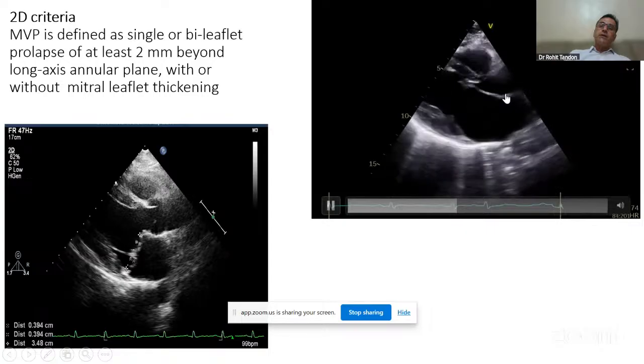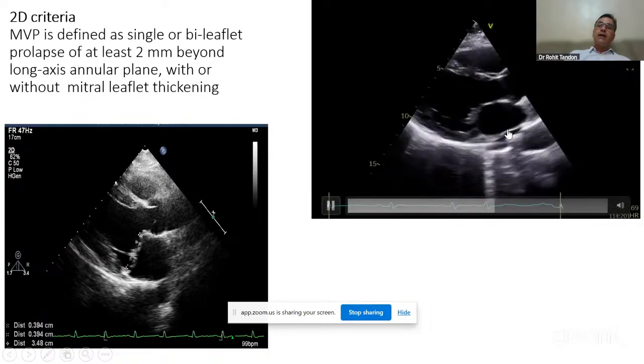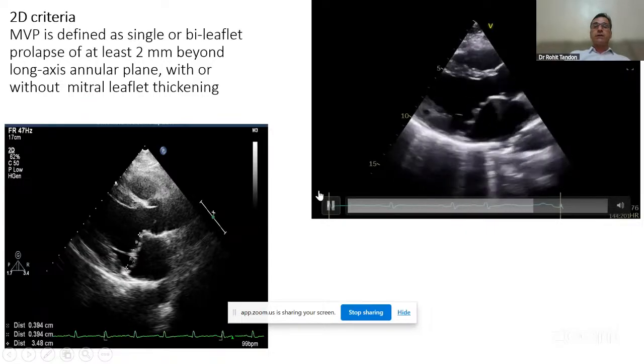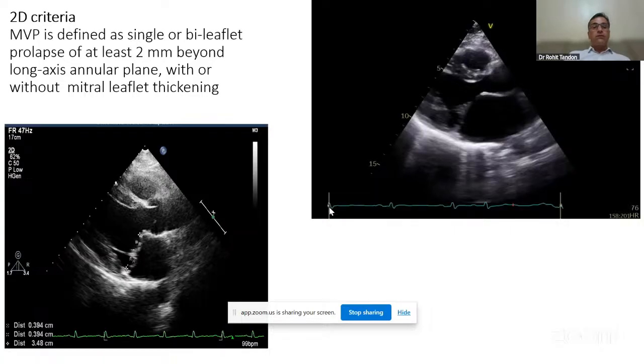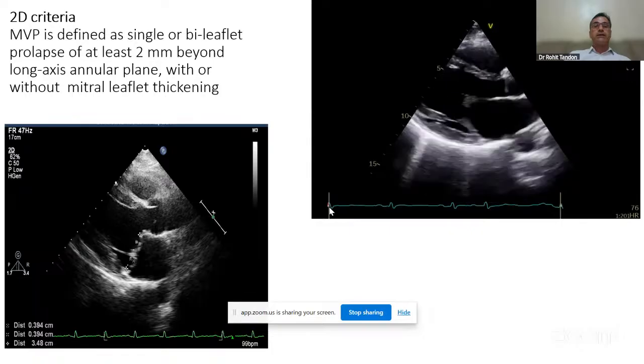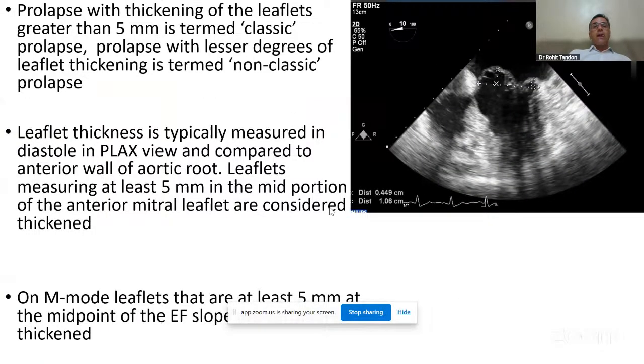Additional findings we can see are annular dilatation and also left atrial dilatation. So per se, it is not only the prolapse which we have to measure, we have to measure the annulus, which gets dilated and flattened in mitral valve prolapse. Prolapse with thickening, that is, in this case, there are thickened leaflets. In the previous case, the leaflets were not as much thickened.